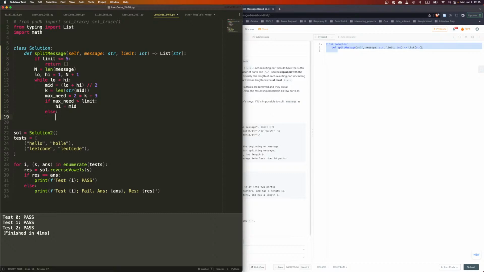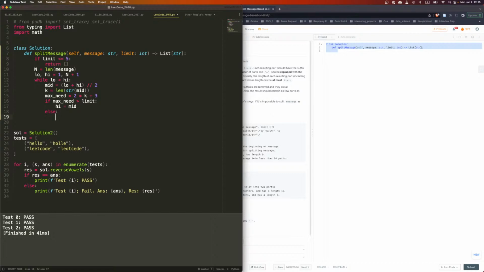So basically we use this to first find a limit where it will work at first. And then what do we do? Well, then we'll have the limit that works.